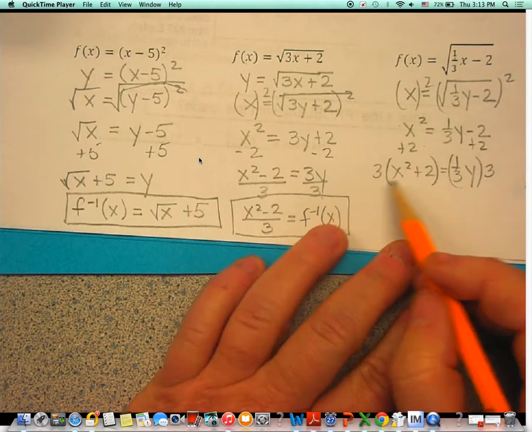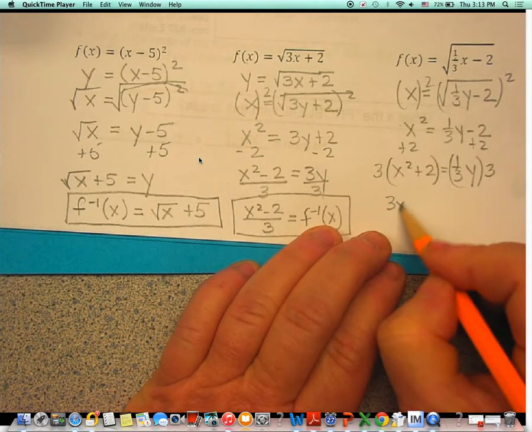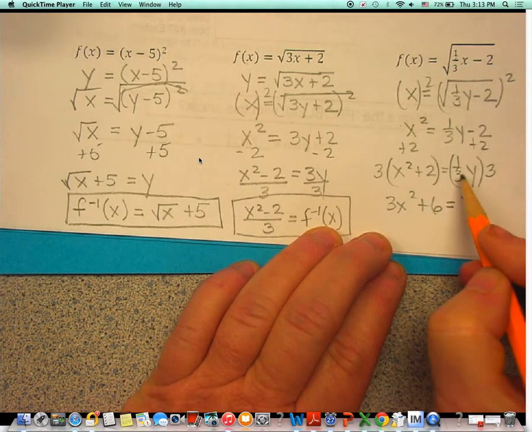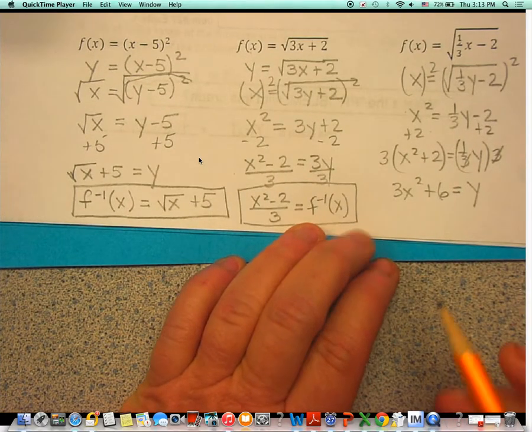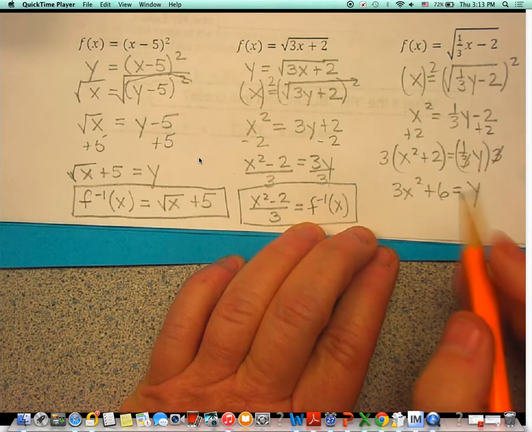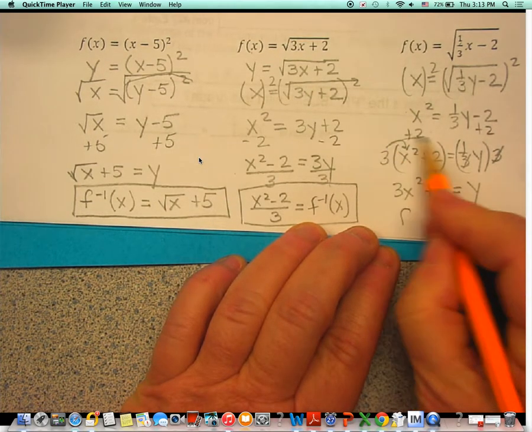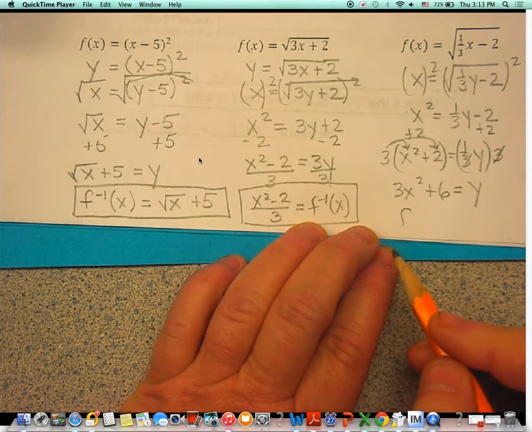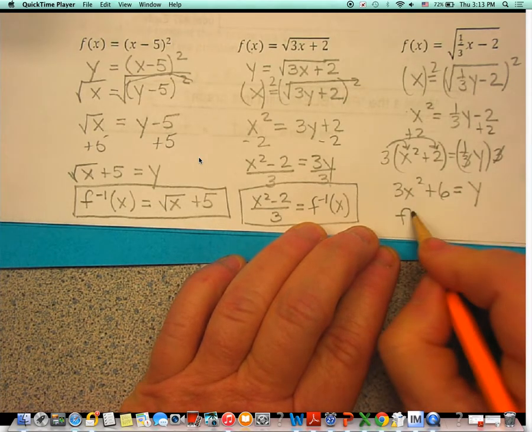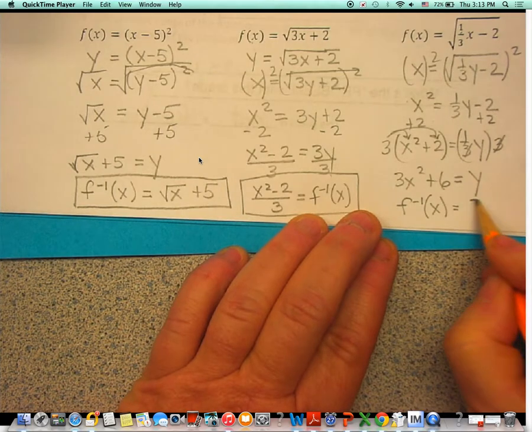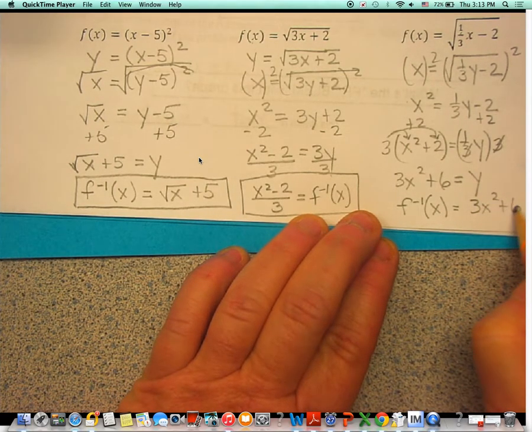So what will it be on the left? 3x squared plus 6. Good. Equals y. These cancel. And then we replace the y with the function notation. You had to multiply both of them by 3. So function notation f to the negative 1 of x equals 3x squared plus 6.